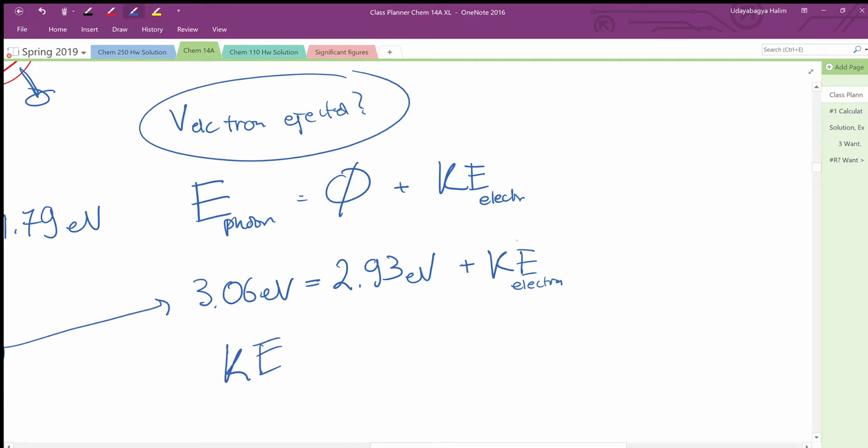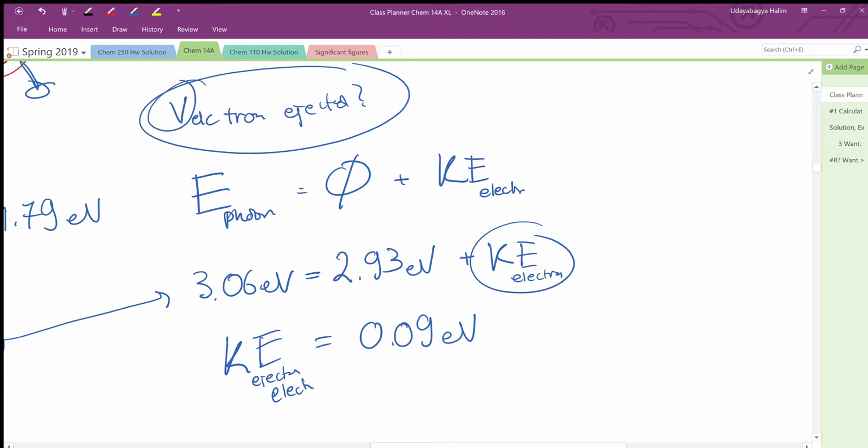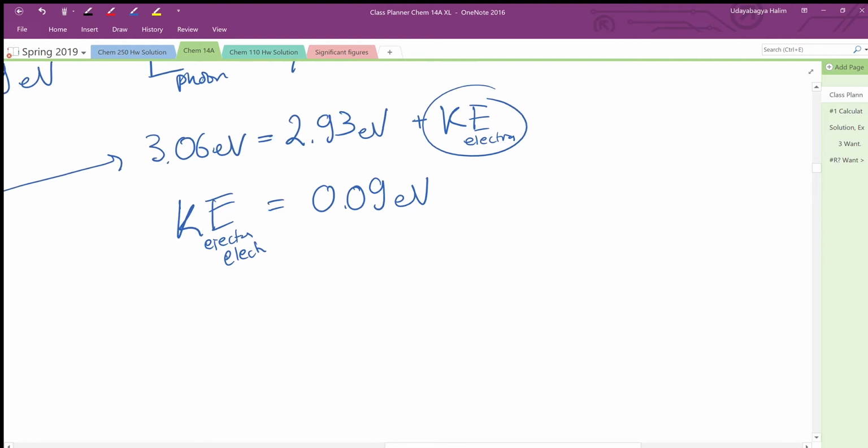The kinetic energy of the electron, by algebra, is going to be 0.09 electron volts. That is the kinetic energy of the ejected electron. But the question is asking for the velocity. That's when you have to do some more unit conversion.